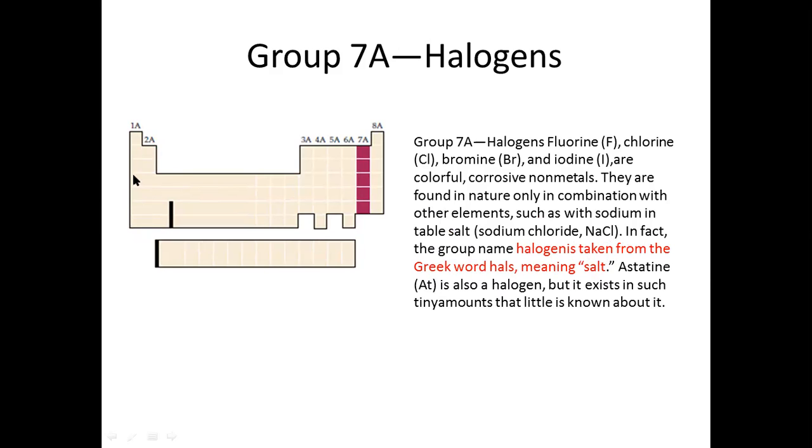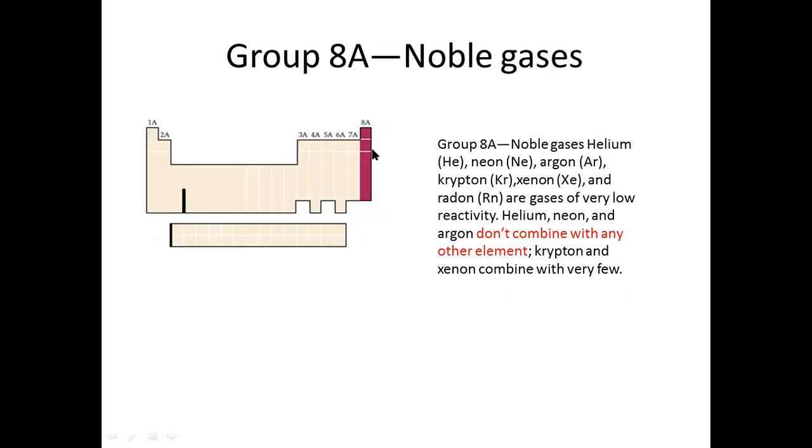Sodium comes from the 1A group and chloride is from the 7A group, and they form a salt. That's why these are called the halogens. And the 8A group are called the noble gases because they do not combine with any other elements and they have their own identity. That's why they are called noble, and they are present in the gaseous form.